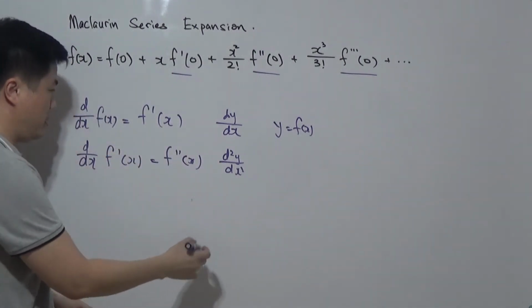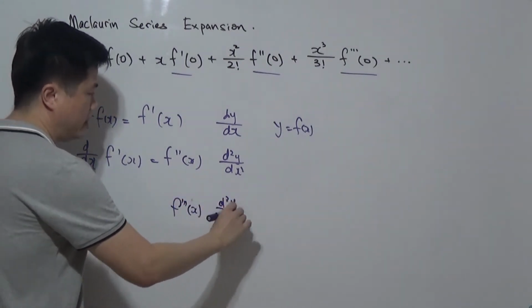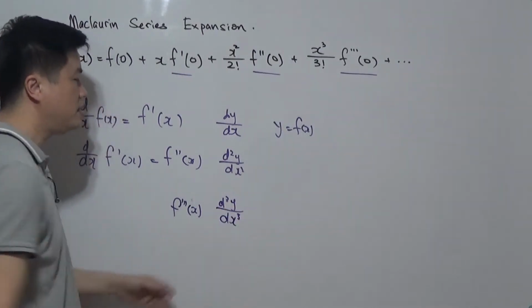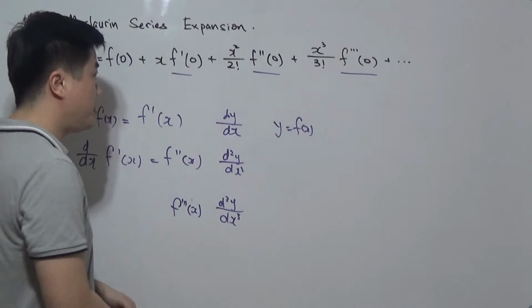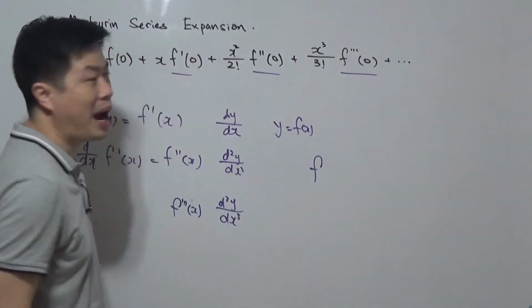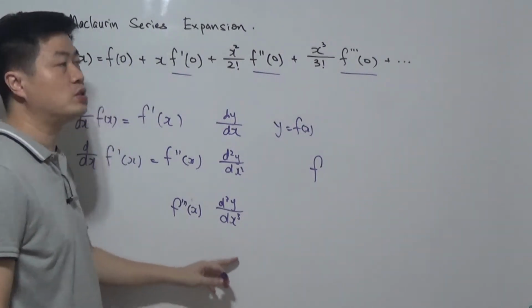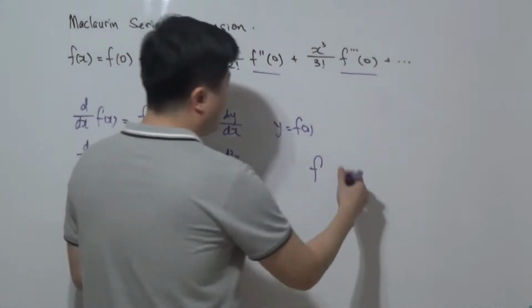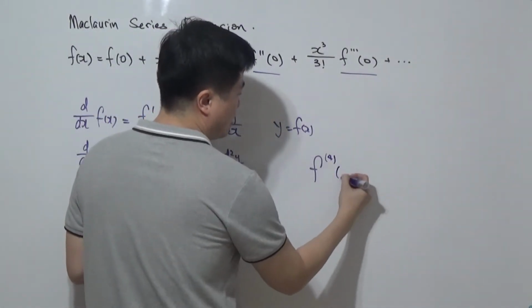And when you have f triple prime x, this is d3y/dx cubed. So these are the higher order derivatives. Now, what happens when you have f prime prime prime prime, which is d4y/dx to the power 4? That one, we will write as f with a bracket 4 and then x.